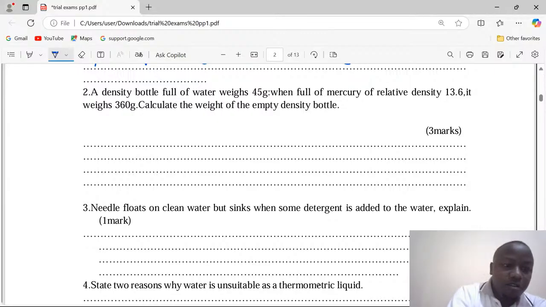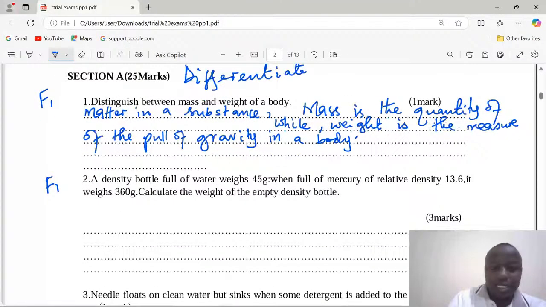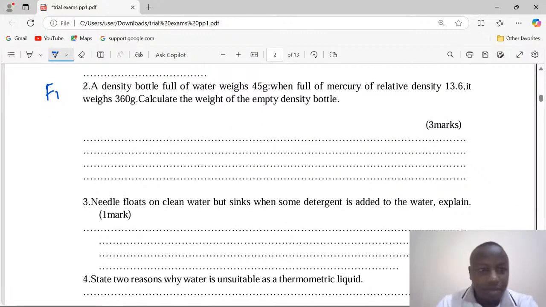Actually, this is work for Form 1. We're discussing paper 1 and it's good we classify all these topics. Remember, physics paper 1 cuts across all the way from Form 1 to Form 4, and we'll be classifying all these topics. A density bottle is already measuring this mass when it is full of water.